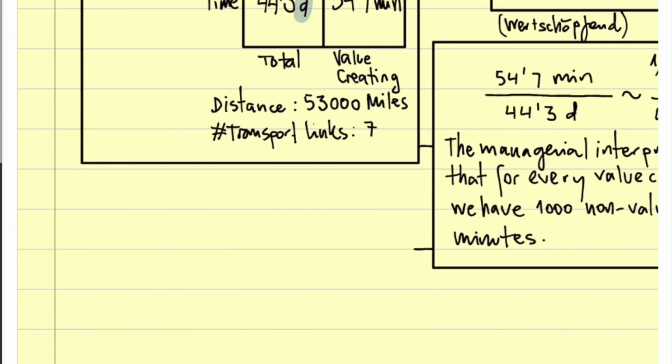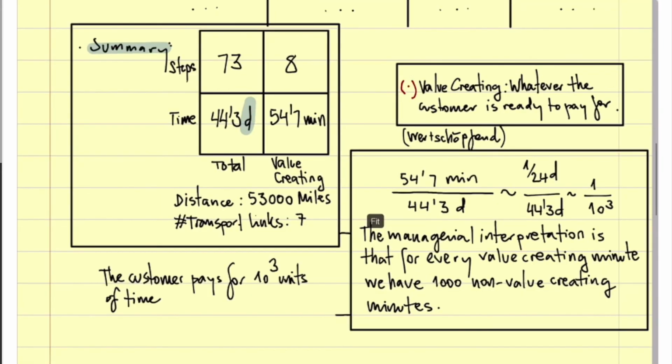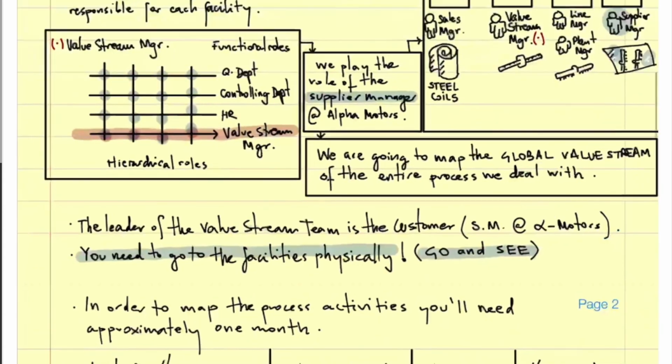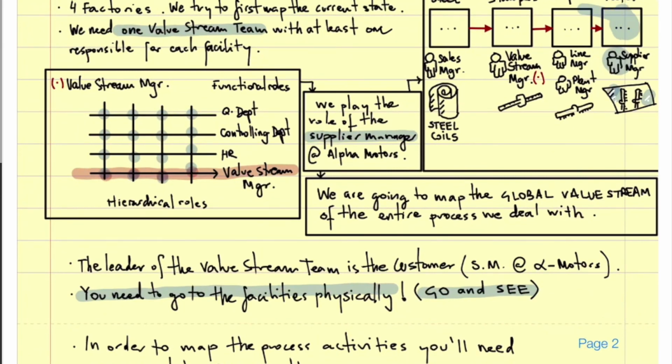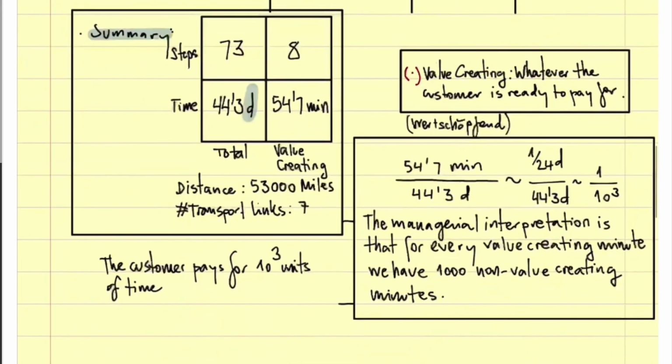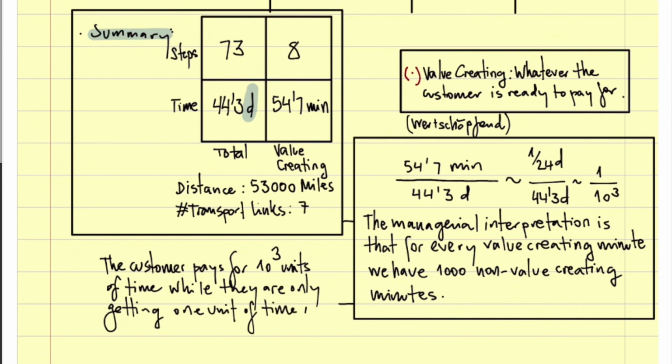The customer pays for everything, 1000 units of time along the value stream, all the tasks that the supplier manager, the diaper, the gum stampers, the Michigan steel, whatever, they're paying for everything in the end, while they are only getting 1 unit of time in value.